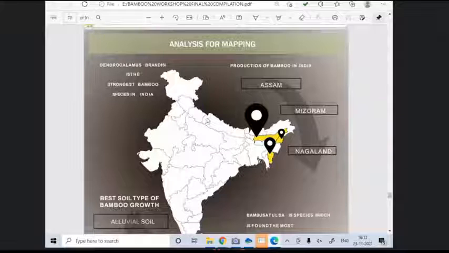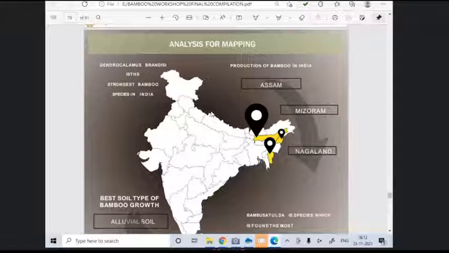About the analysis that we did from this mapping, as Sairaj correctly said, we did an analysis on all the eastern states of India. As we know, the eastern states have good rainfall and also good soil.